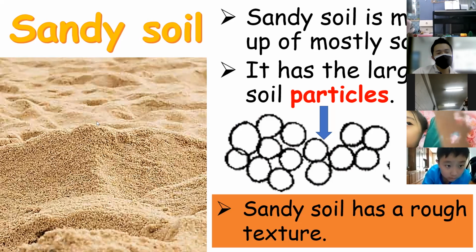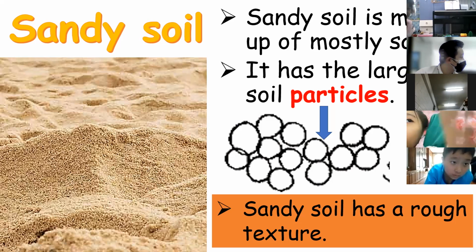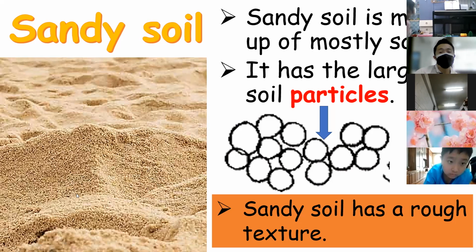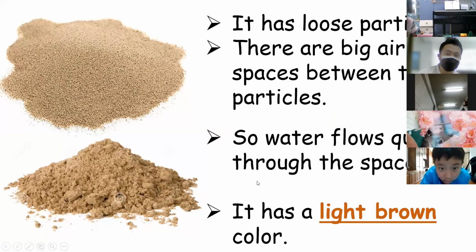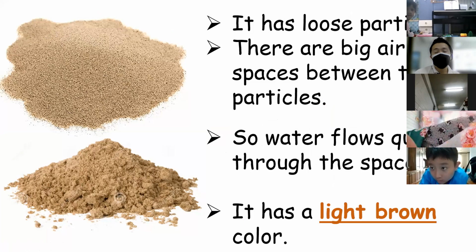Oh, thank you. Rough. Okay. Next, it has loose particles. There are big air spaces between the particles. So as you can see, sandy soil has large or loose particles.